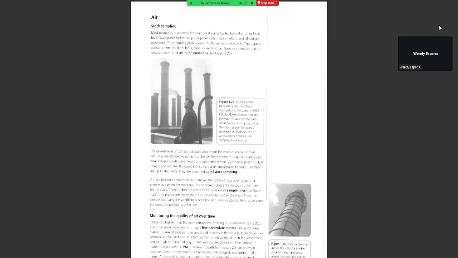Mercury, in particular, was a real issue. It caused people living in nearby communities, who did a lot of hunting and fishing and ate a lot of the fish coming out of the contaminated river, to get diseases caused by the chemicals.